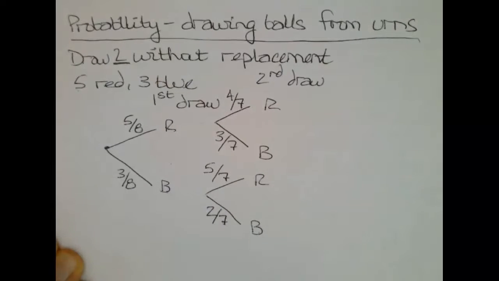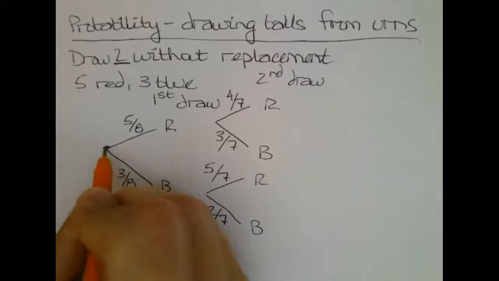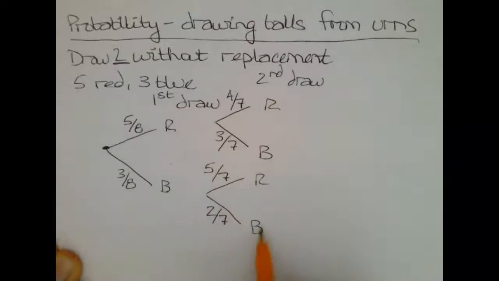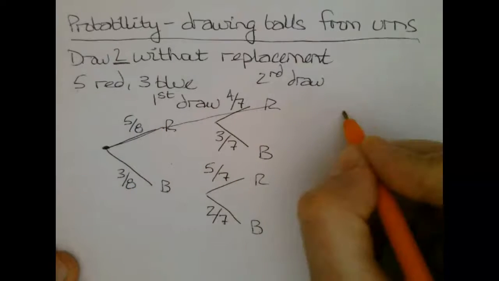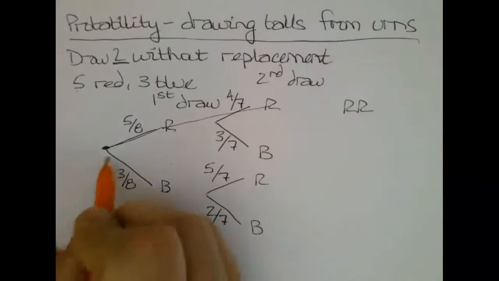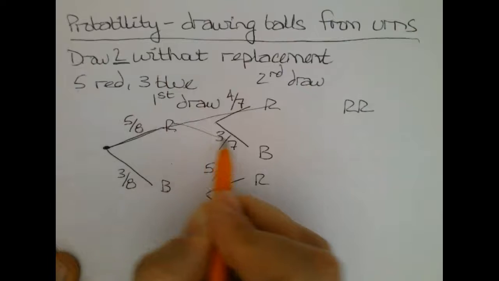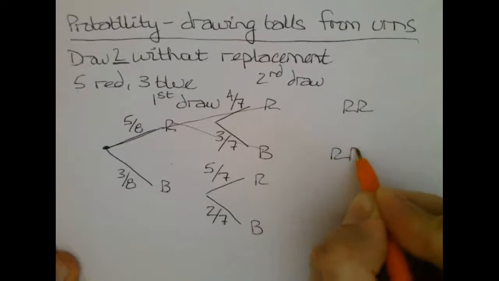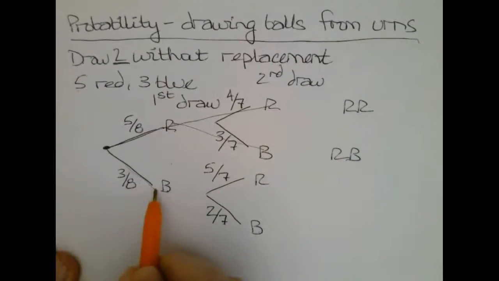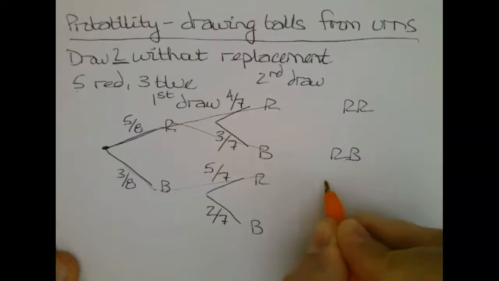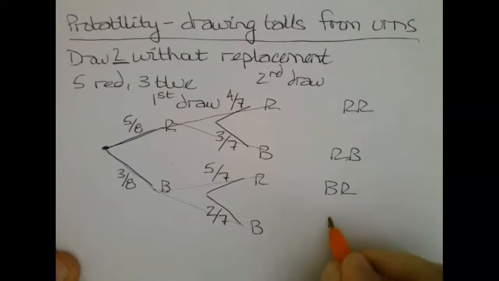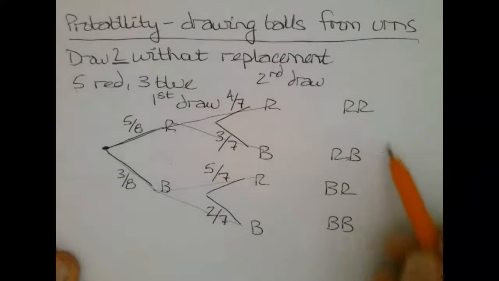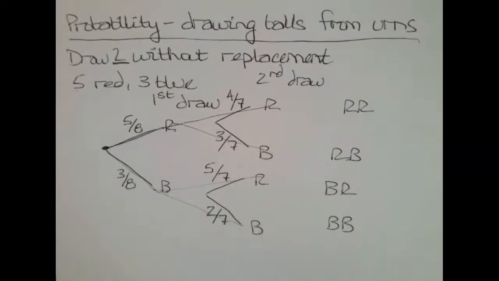Outcomes from this experiment, I'm going to start at the beginning and trace my way out to each end here. I could get red and another red. I could get red and then blue, blue and then red, or blue and another blue. The probability of each of these outcomes I can get by multiplying down the branches.